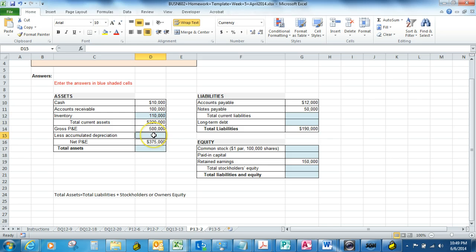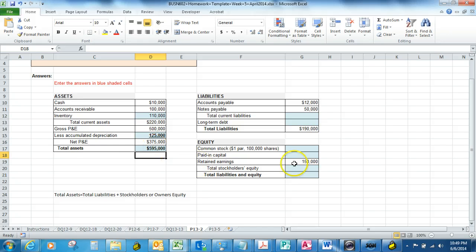So we can figure that out by saying 500,000 minus the 375,000. Okay? And then we can get our total assets by adding together our total current assets and our total long-term assets.